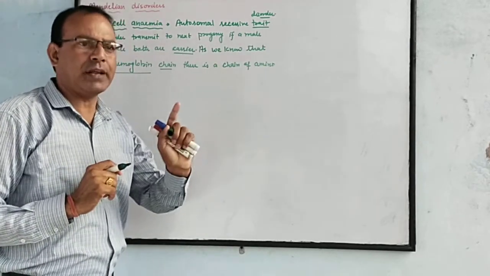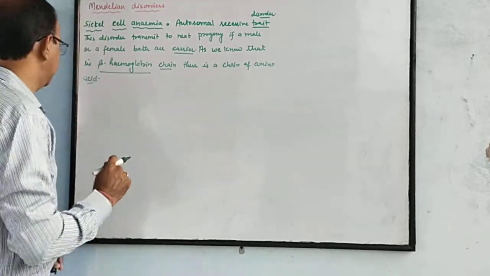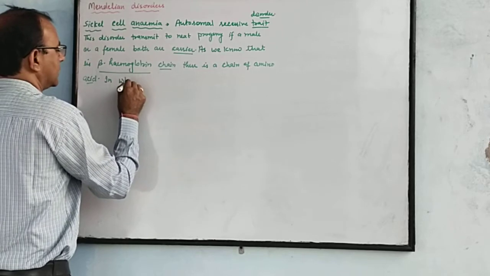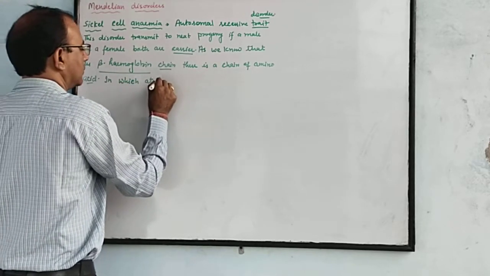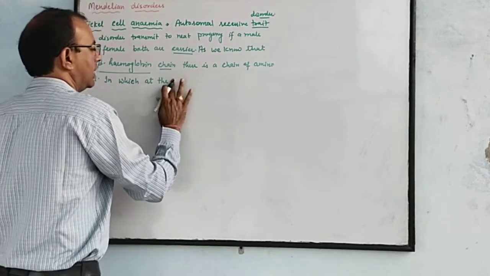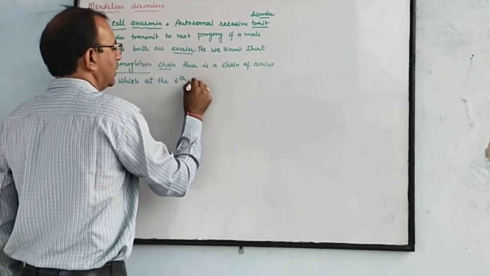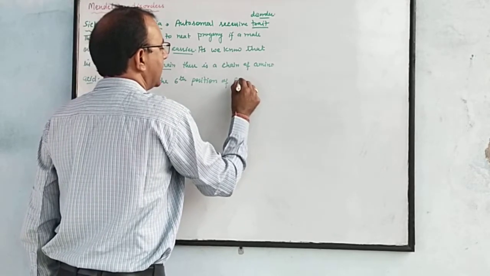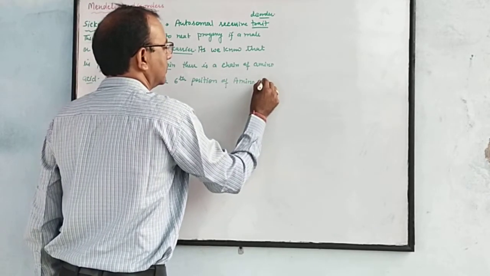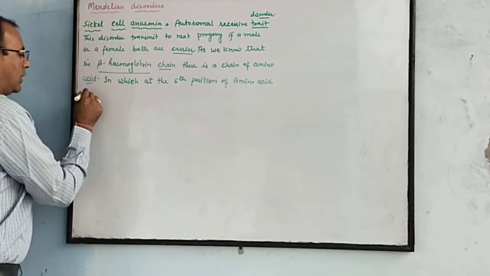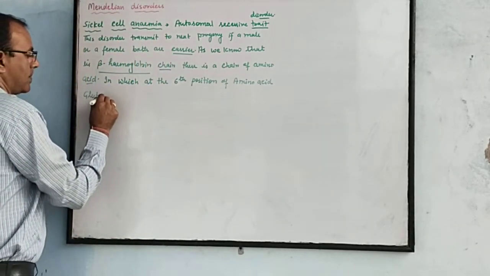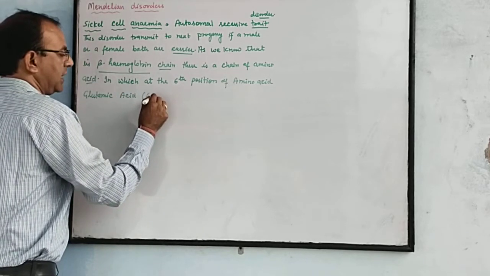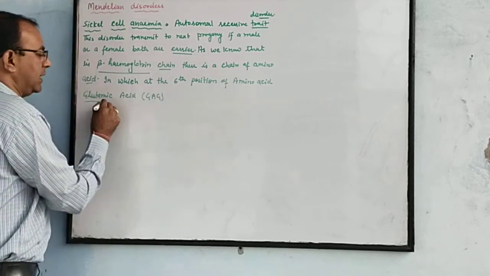It means change of one base at one place, in which at the sixth position of the amino acid, glutamic acid, GAG, is present.